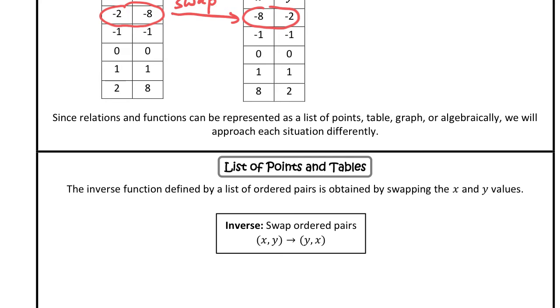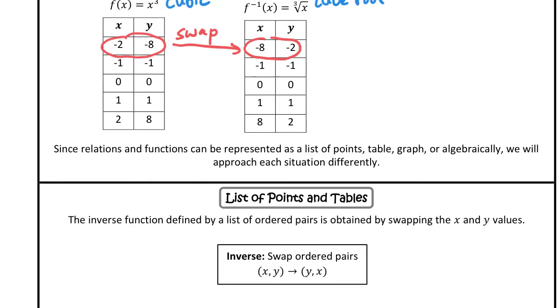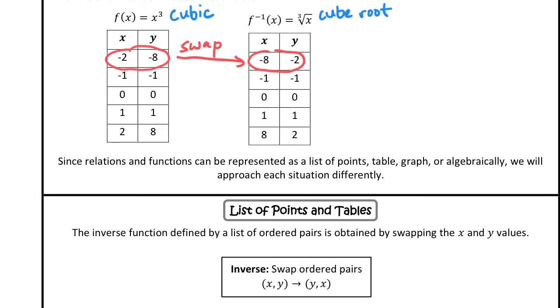Okay. So if we have a function in ordered pairs, we can get the inverse by swapping the x and the y values. Like what I showed over here, if I have an original set of points and I want to find the inverse of these points, then I just take each pair and swap them.